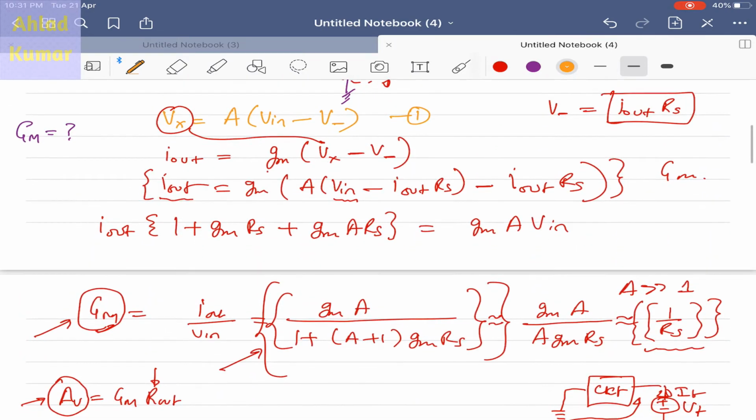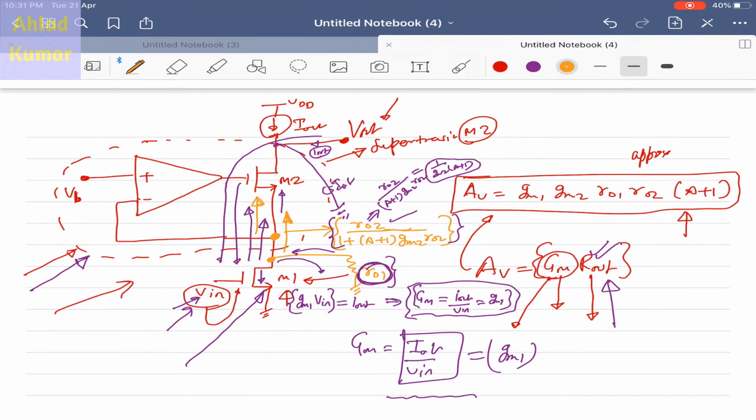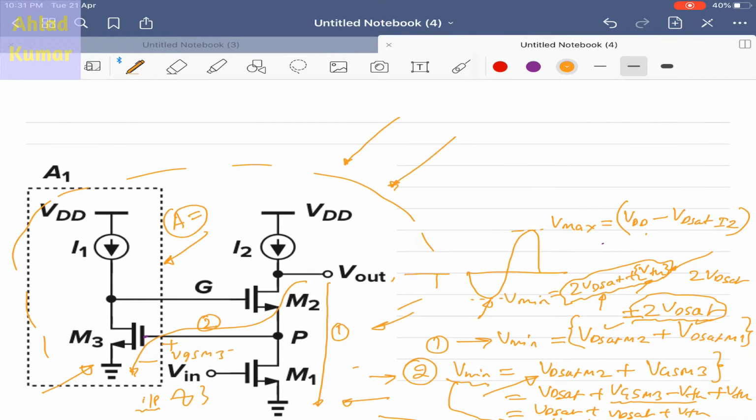As I have given you as an assignment to calculate the gain of the amplifier, you can put the value of the gain A over here and you will get the voltage gain for this complex circuitry. This is an exercise for you, and the value of the gain for this topology is GM1 RO1 GM2 RO2, then we have GM3 RO3 plus 1.